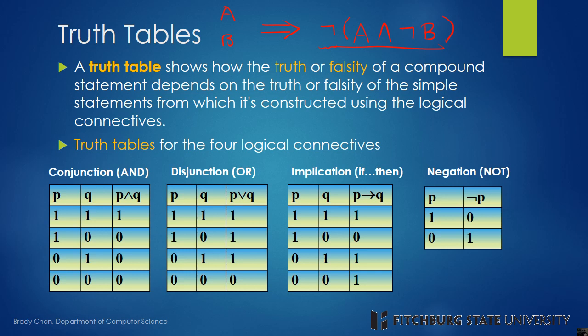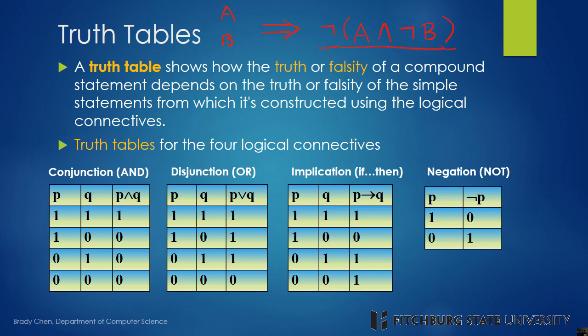Now, what is the value for this? Suppose we know the value for A and for B. If A is true and B is true, so John is married and John's wife is married, then with our common sense, it looks like that's also true, right?